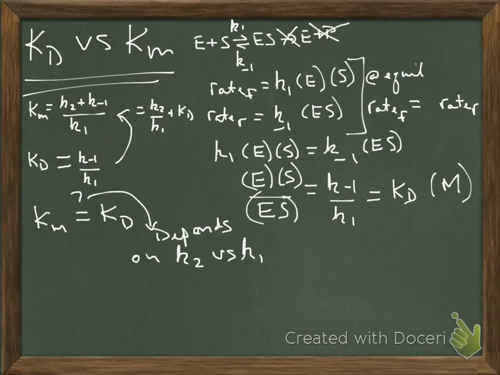Well, I've written it down that way, but it really depends on the relationship between K2 and K minus 1. Why isn't that coming out in the math? Because if you look up here, maybe you guys can help me, I'm a little stuck. So if K2 and K minus 1, you can see that if K2 is big or small compared to K minus 1, that will affect whether or not you lose this term here. But I'm not sure that this is really all that useful.